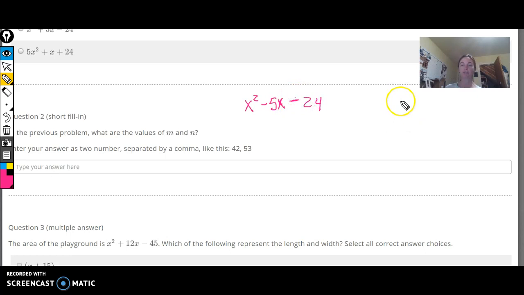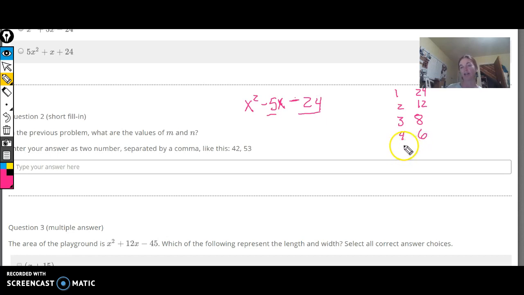So I need two numbers that when I multiply them together, I get -24, and when I add them together, I get -5. So let's first come up with the factors of 24. I think that's an easier way to do it than figuring out all the possible numbers that could add up to -5. So factors of 24 are 1 and 24, 2 and 12, 3 and 8, 4 and 6.